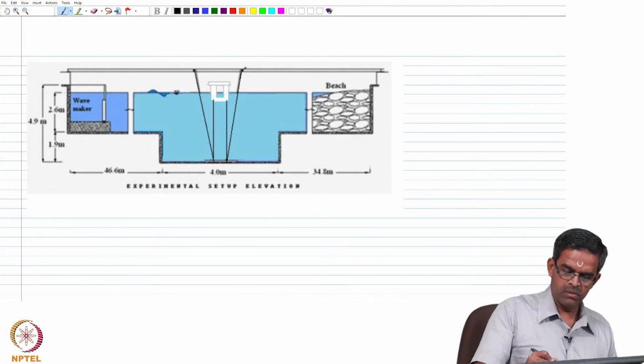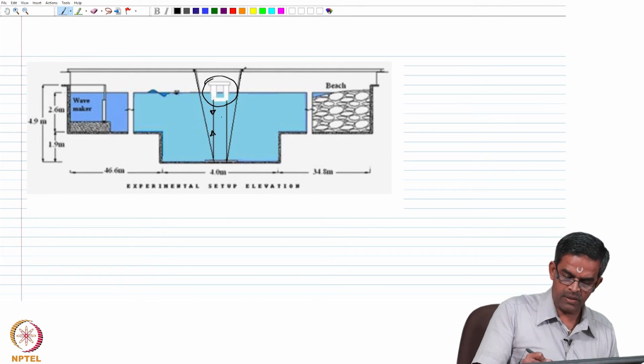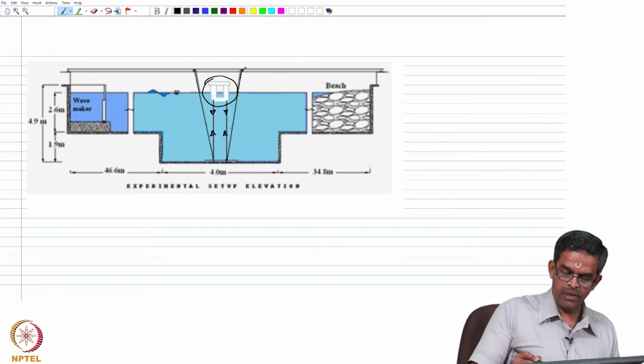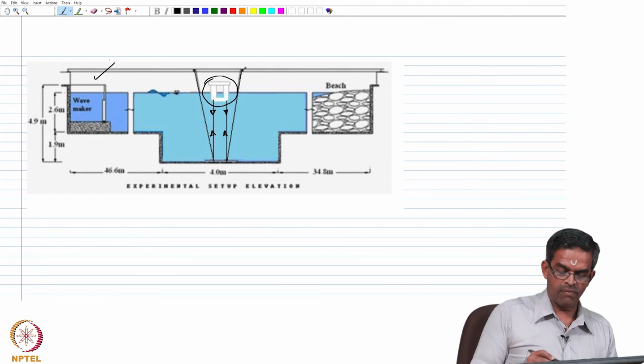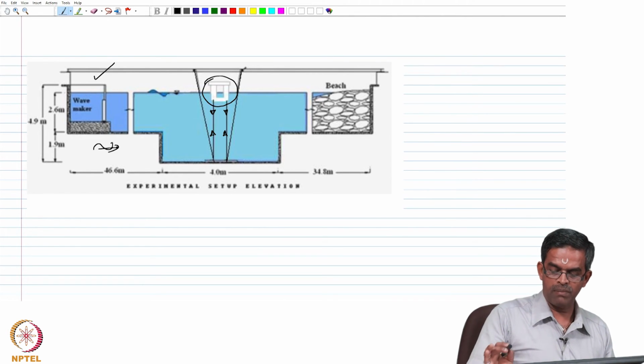The model is installed in the deep water wave flume, as the tethers are subjected to axial tension. It is in the deep water pit, which is about 4.5 meters. From one end the wave is generated and at the other end the wave is absorbed at the beach end.